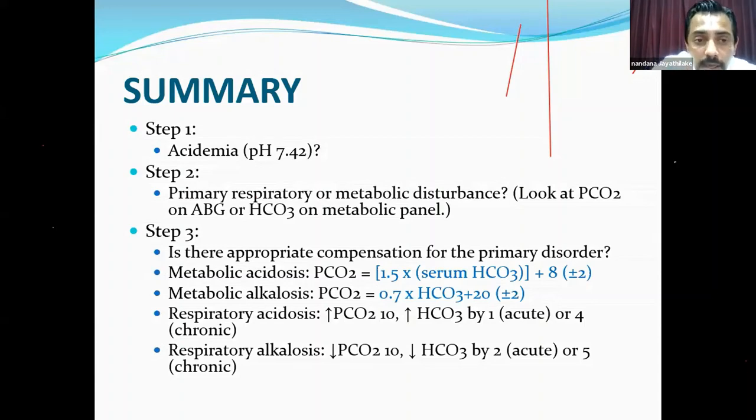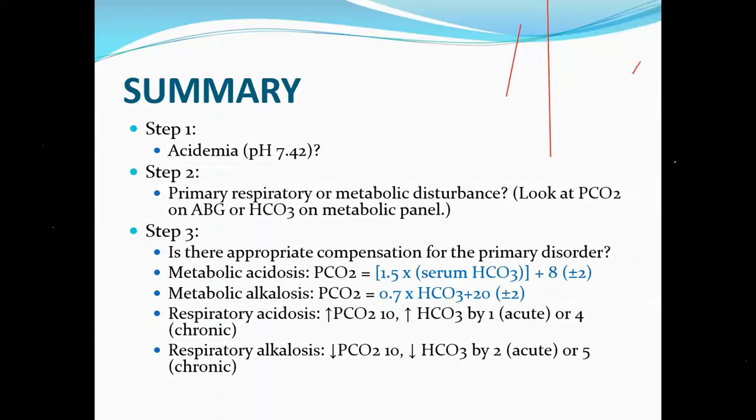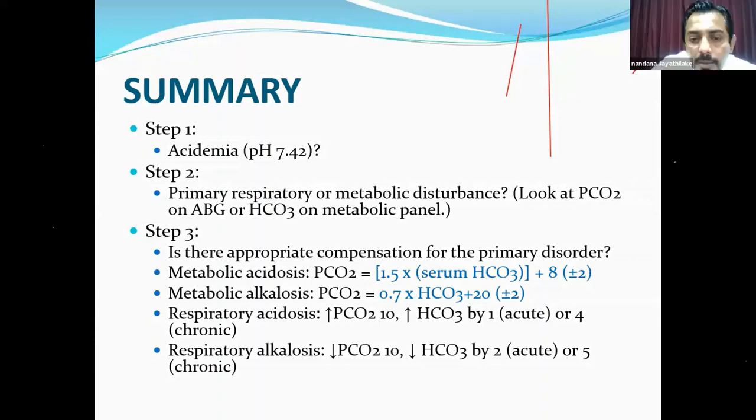So main summary: step 1, determine whether there is acidemia or alkalemia. Step 2, primary respiratory or metabolic disturbance: look at the PCO2 and bicarbonate in the ABG. Step 3, is there an appropriate compensation for the primary disorder? For metabolic acidosis, use Winter's formula to calculate the PCO2.